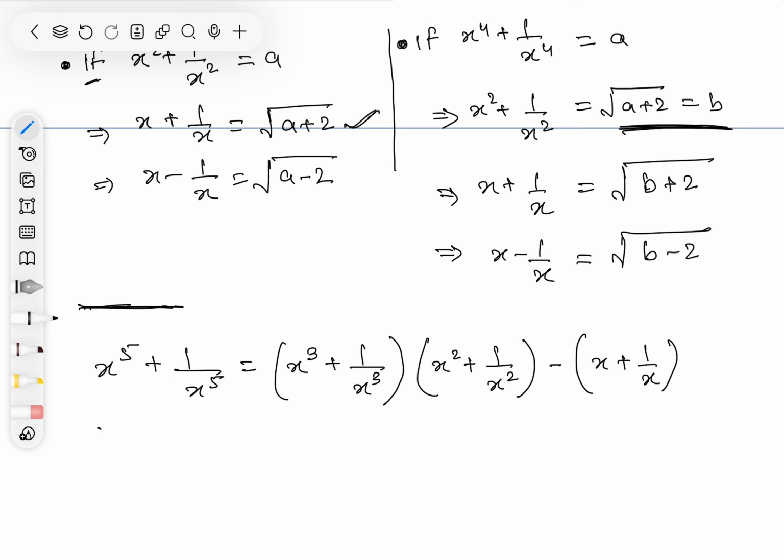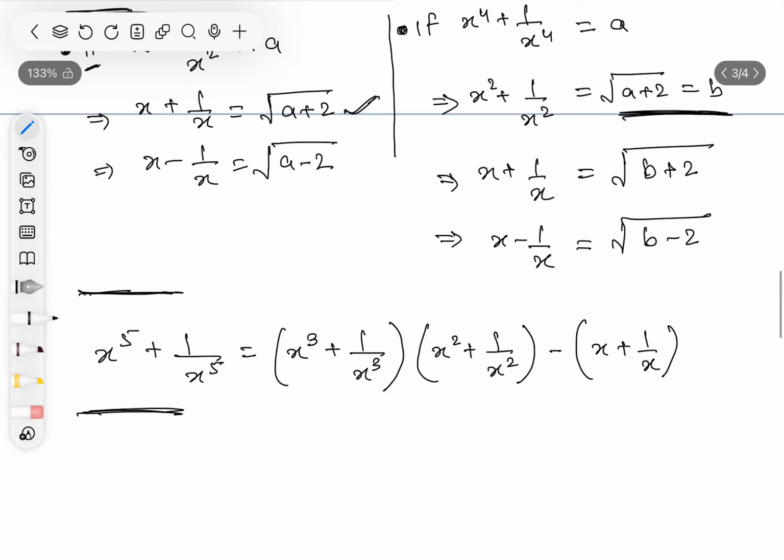So this is one very important identity that you can remember. It will come in very handy. If you want to see whether it is true or not, you can just try to expand this, by multiplying from this to this and then subtracting this, and you will find that you get exactly x to the power 5 plus 1 upon x to the power 5.